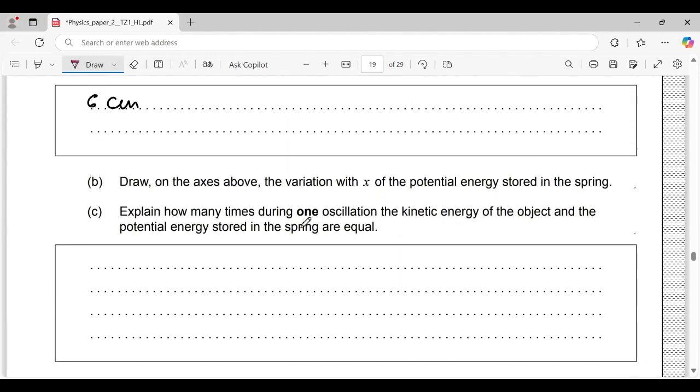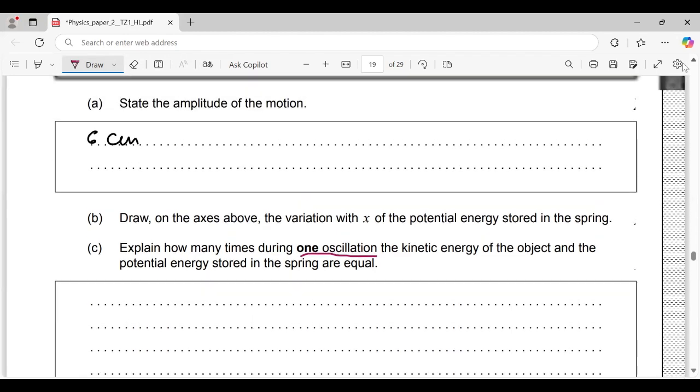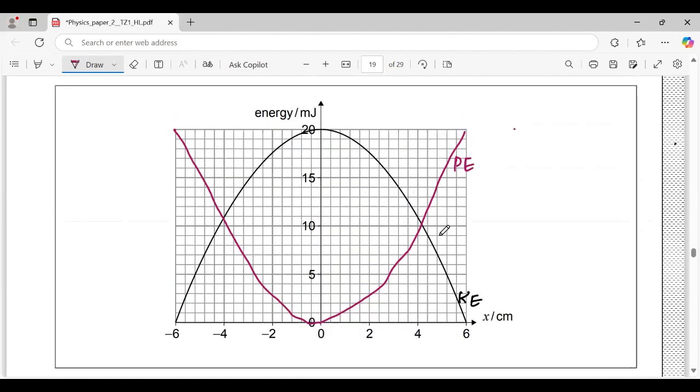Explain how many times during one oscillation the kinetic energy of the object and the potential energy stored in the spring are equal. Okay, if you look at this graph, this is half oscillation.